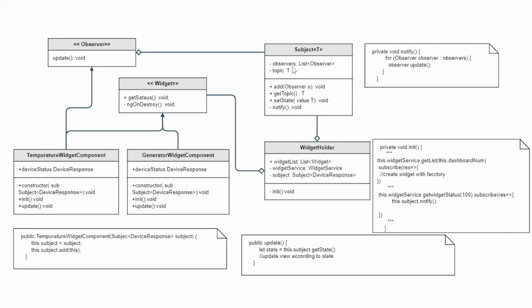The subject state is a device response. This is a generic class, and the state is of type device response. It's a topic. So it will get the state and update the view according to the state. So this is how it is implemented.